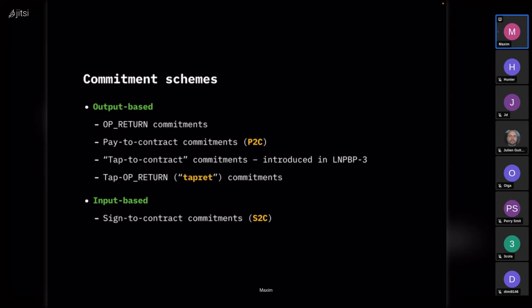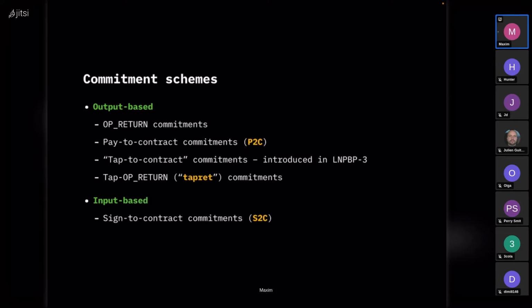The output-based commitments are more diverse. First of all, these commitments started with a very simple scheme where you put the commitment in explicit form into a dedicated output containing an OP_RETURN code, which prevents this output from being spent, and also prevents Bitcoin Core from keeping the output as a part of the UTXO map in memory.